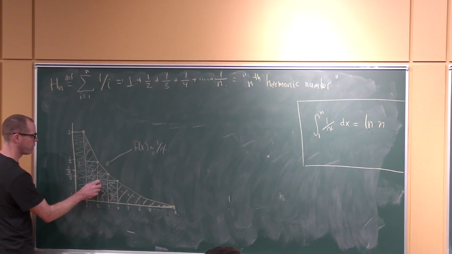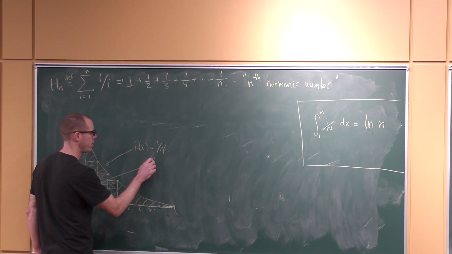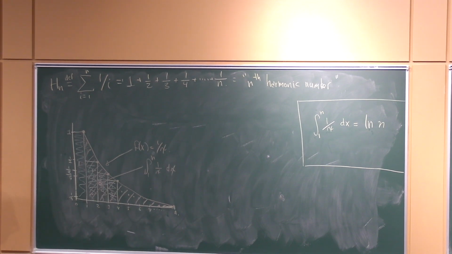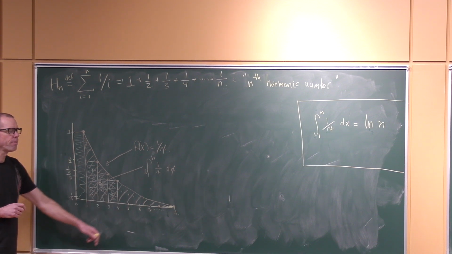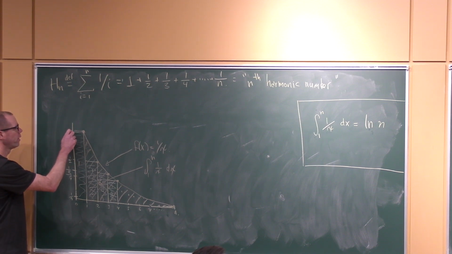So this brown stuff in here is actually the integral from 1 to n of 1 over x with respect to x. Notice that that area contains this rectangle and this rectangle and this rectangle and so on. So this area contains all of these rectangles. And then if I just tack on a little more, another rectangle here, it'll contain everything.